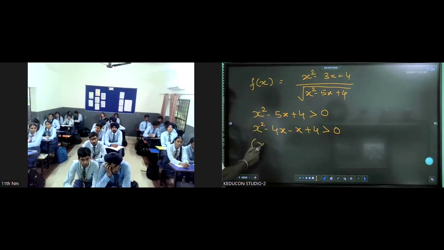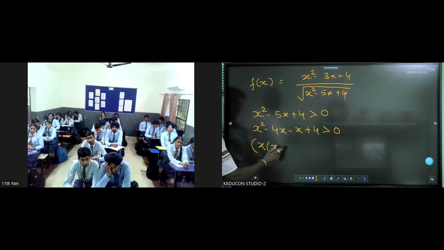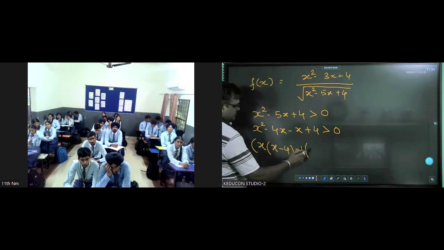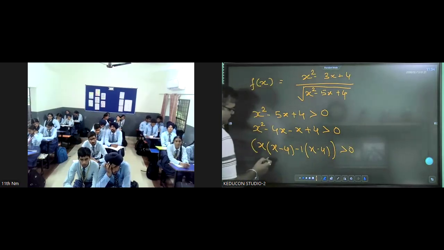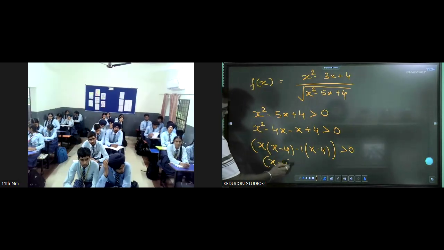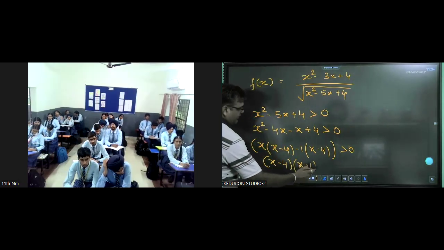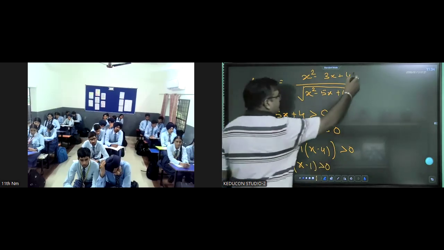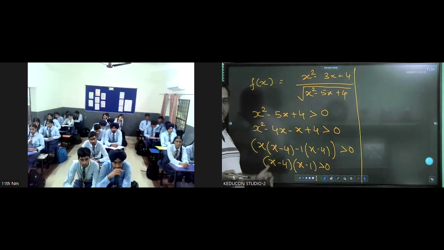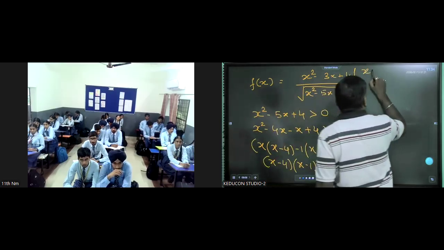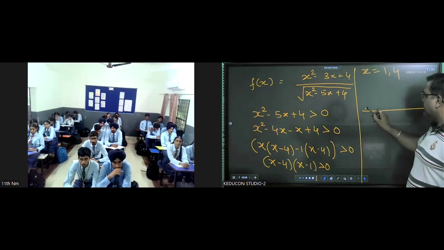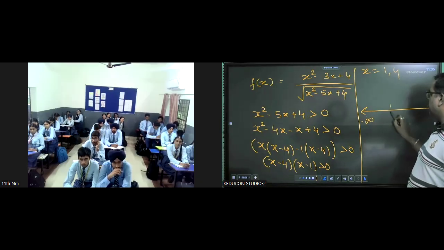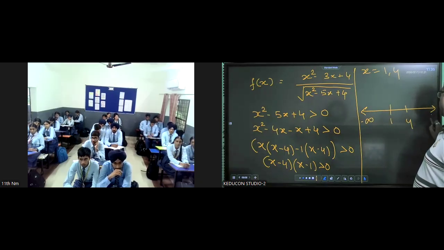So here we got the factors: x minus 4 into x minus 1 should be greater than 0. From here, the values of x come out to be 4 and 1. Right? So again, draw the number line. This is minus infinity, 4, infinity.